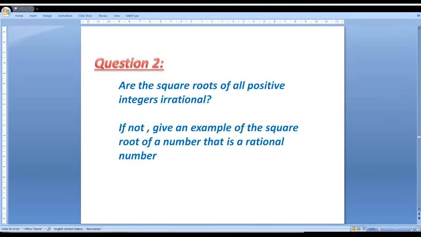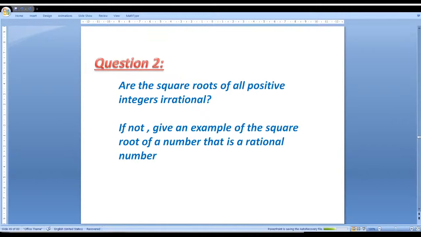Now question number 2. Are the square roots of all positive integers irrational? If not, then give an example of the square root of a number that is rational.